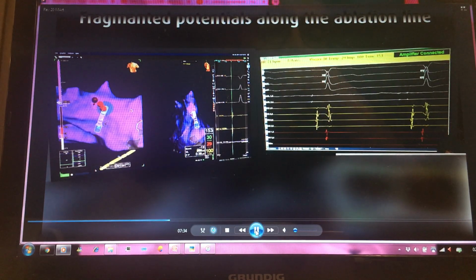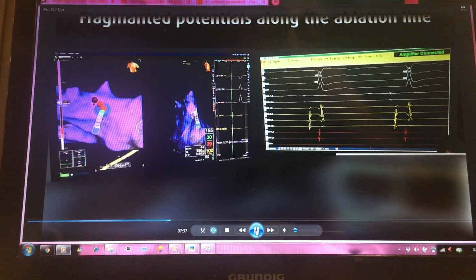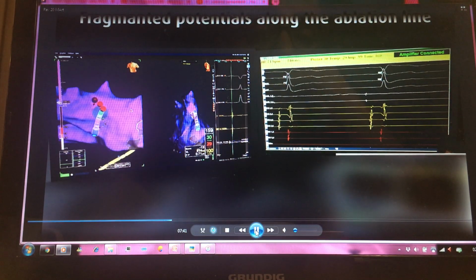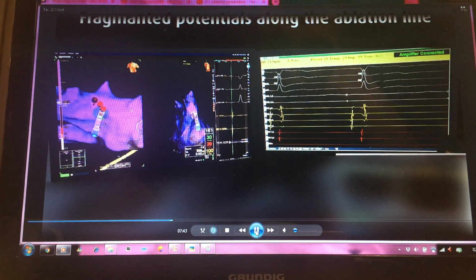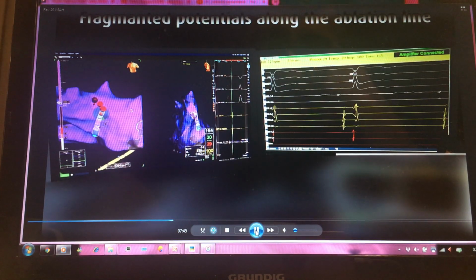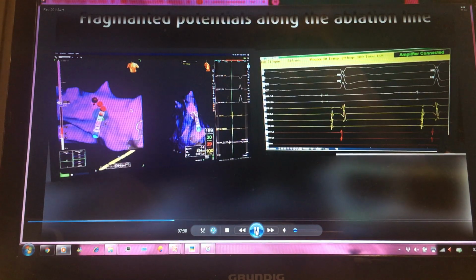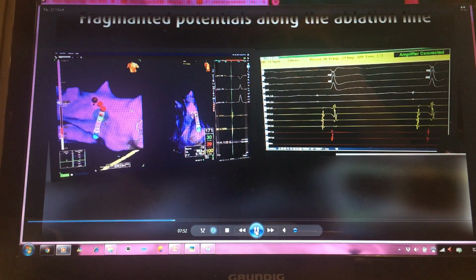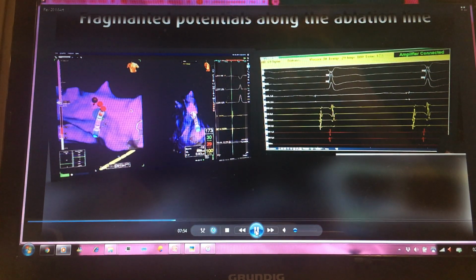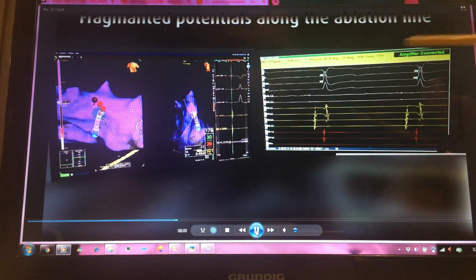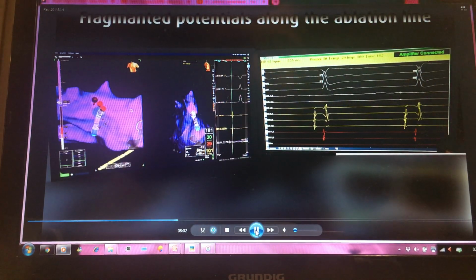Our ablation endpoint is complete elimination of those fragmented electrograms. Again, you can see fragmented electrograms in the same area. Actually, there is no fibrosis in those sites, just fragmented potentials. You can see the heart rate here.